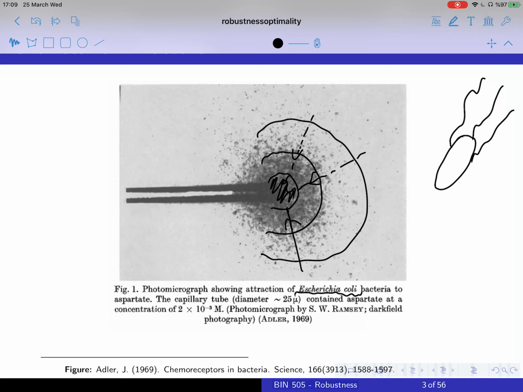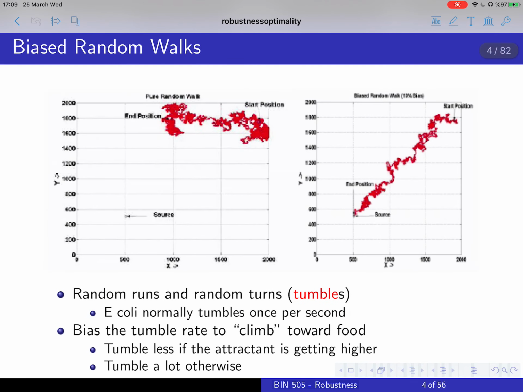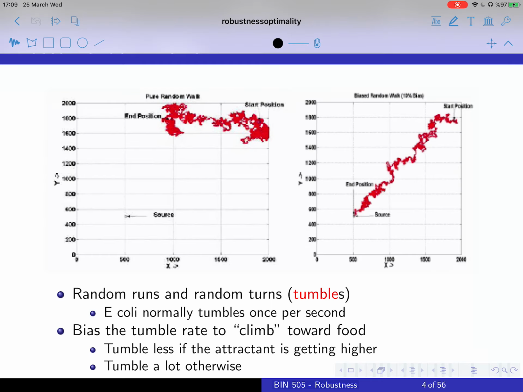And the way they do this is they don't swim directly. They rather do what we call a biased random walk. Just to show you what that is, here's an example of a random walk. Let's say you're this little bacterium.